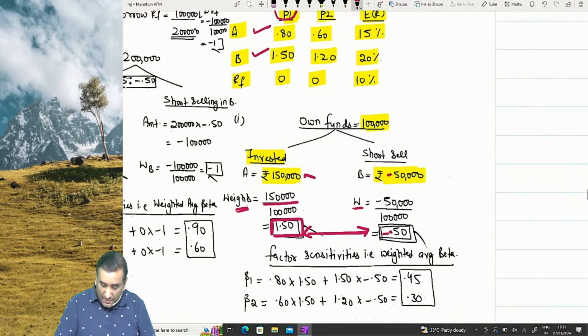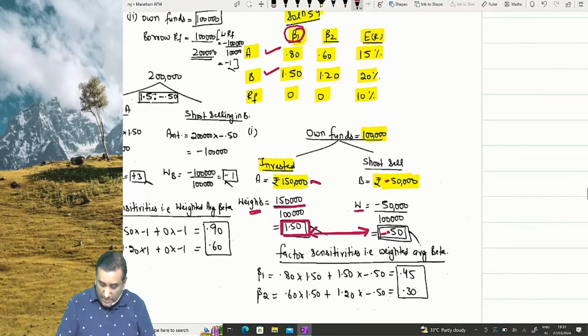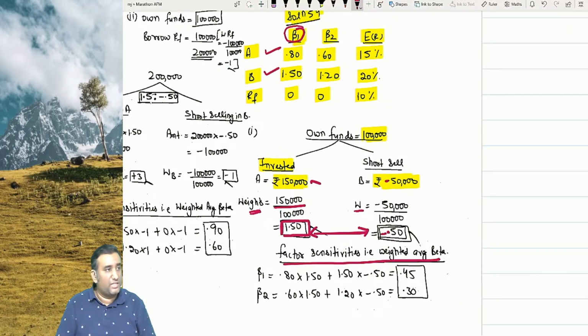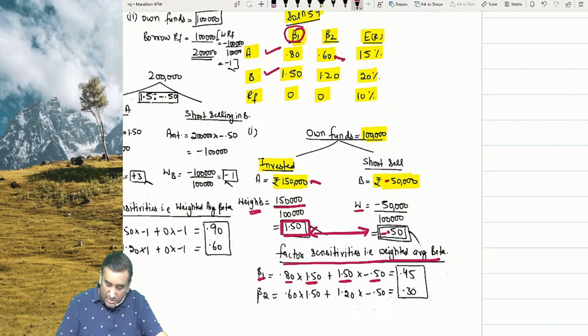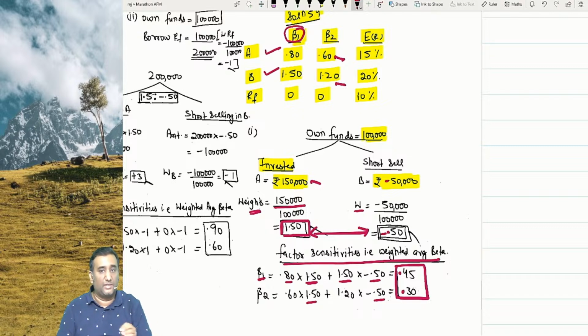So beta 1 is 0.8 into 1.5 plus 1.5 into minus 0.5. In the second case we have 0.6 into 1.5, plus 1.2 into minus 0.5. That's exactly 0.45, and this is the weighted average beta, nothing else.